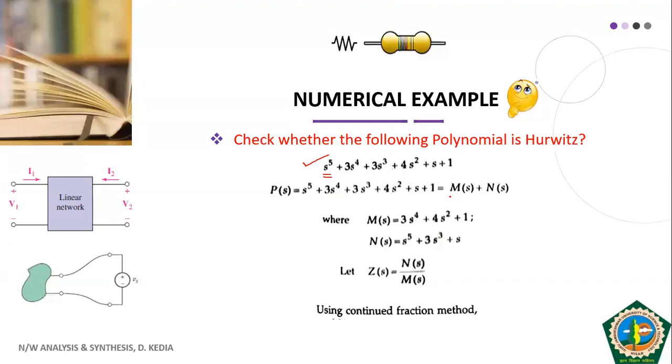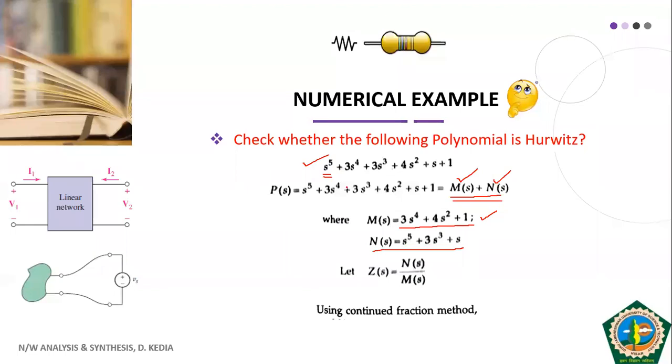We had seen that we have to split the given polynomial in two, that is, the even powered terms and the odd powered terms. So here M(s), that is the even terms, is 3s^4 plus 4s^2 plus 1, and N(s), the odd powered terms, is s^5 plus 3s^3 plus s.